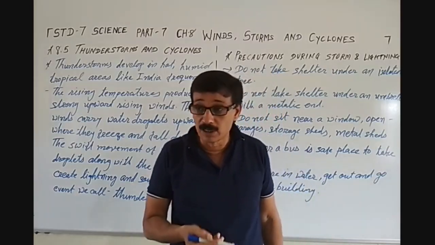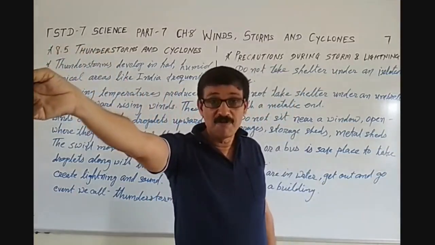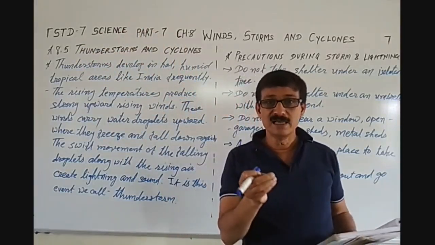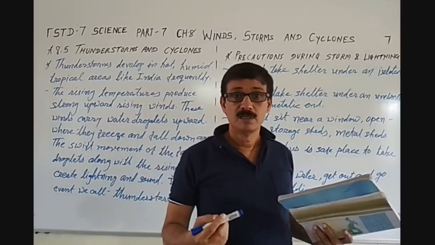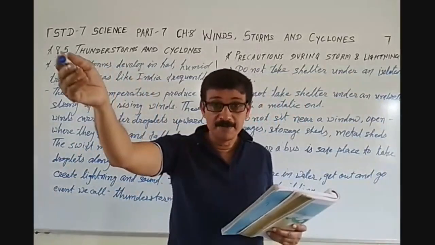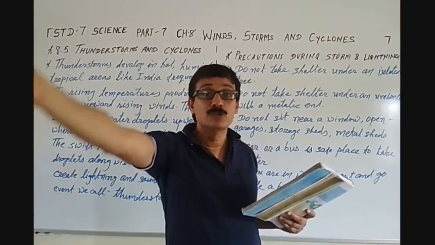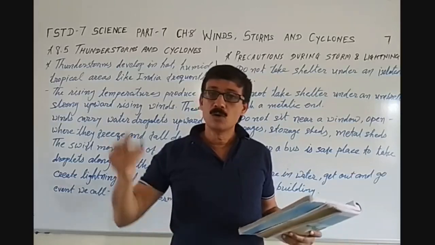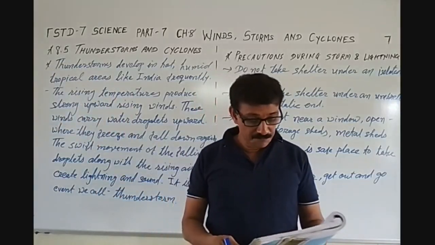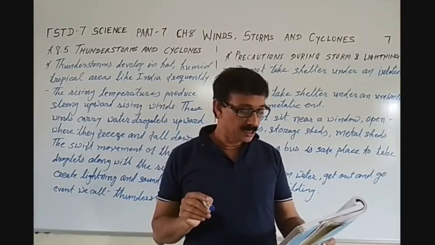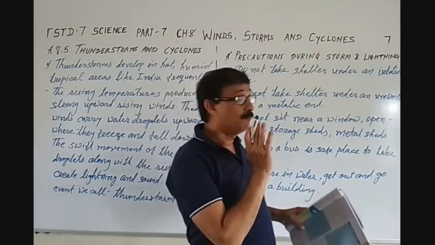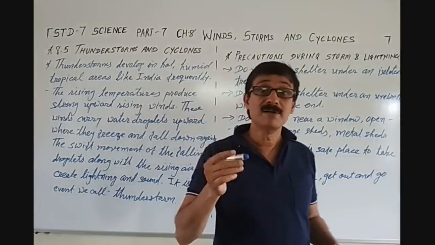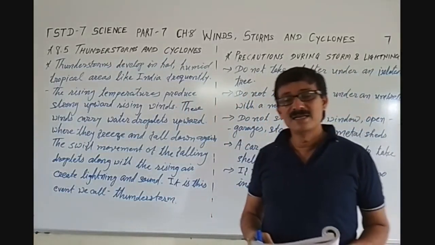If lightning strikes very far away and falls in water, and you are in that same water, even though it is far from you, there is a lot of electricity, and since water, especially dirty water, is a conductor of electricity, it may hurt you. That is why, if you are in water, get out and go inside the building. So these are the safety precautions we should follow during a storm and especially during lightning. Why? Because lightning is very dangerous.